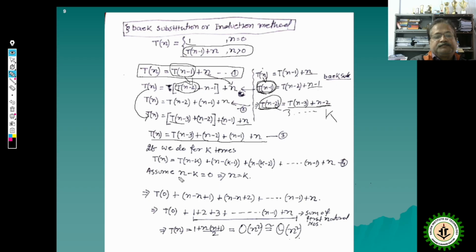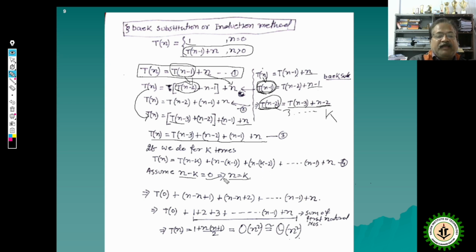Now when will it finish? We are incrementing the value of k: 1, 2, 3, 4, 5, 6, 7, 8. At some point k will reach n. So we assume n is equal to k, that means n minus k is equal to 0. In that case, the algorithm will stop.